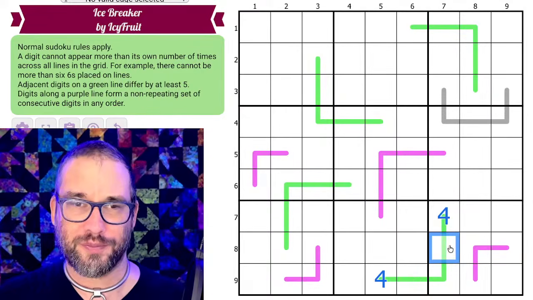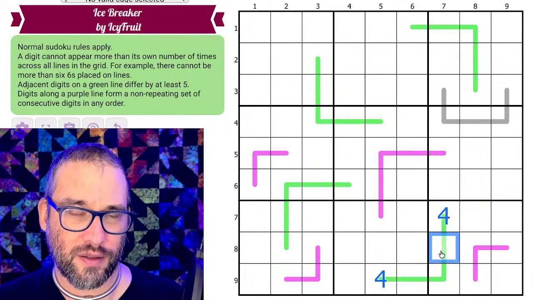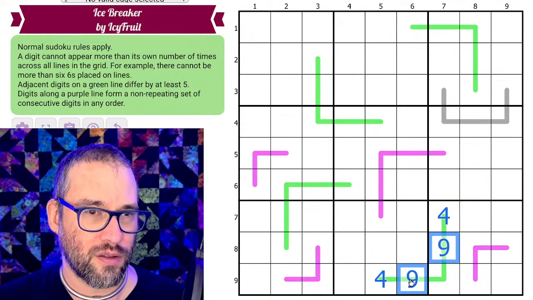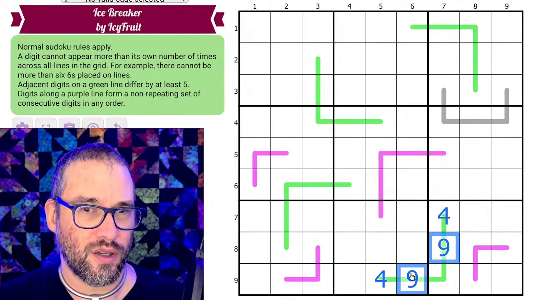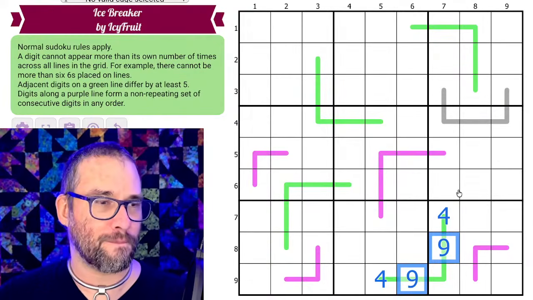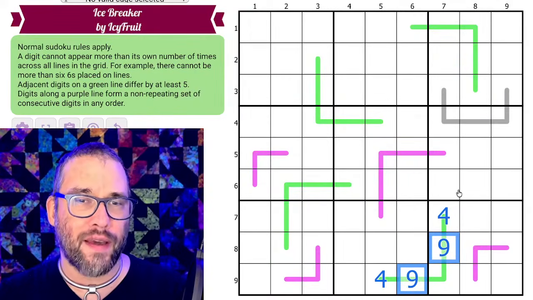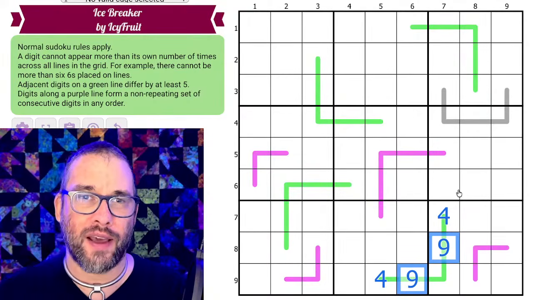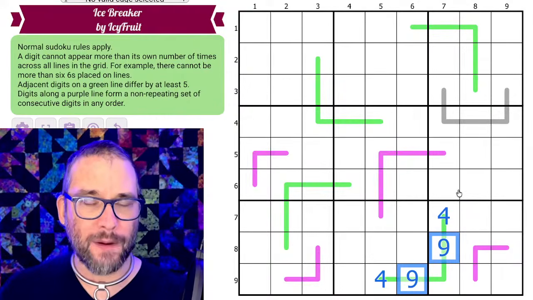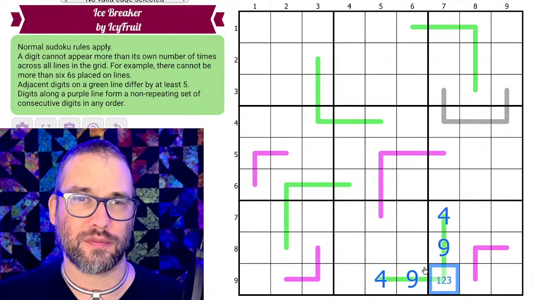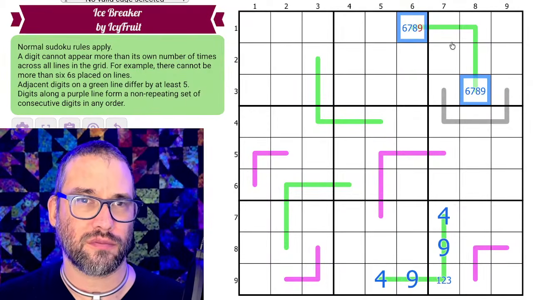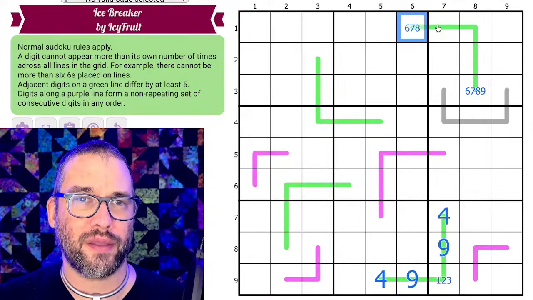Okay, so right, anytime we don't have fours on the ends, we have to put highs on the ends. Let's see, no 9 there.